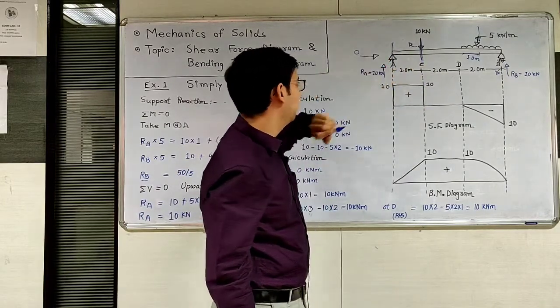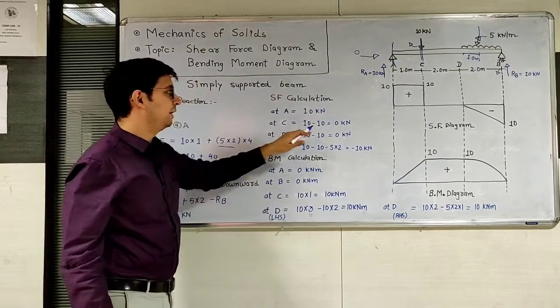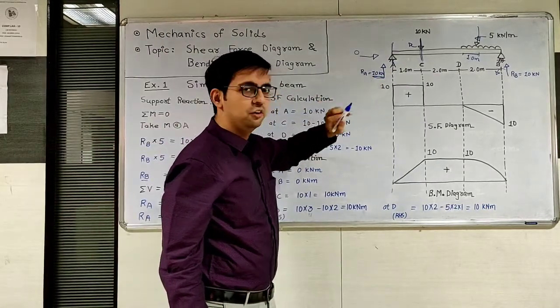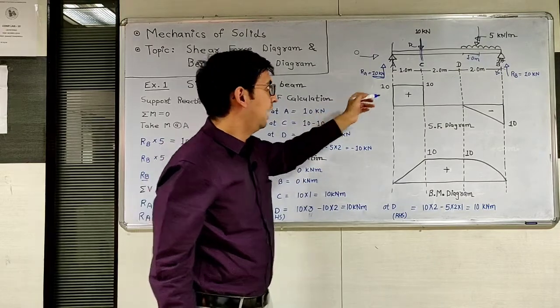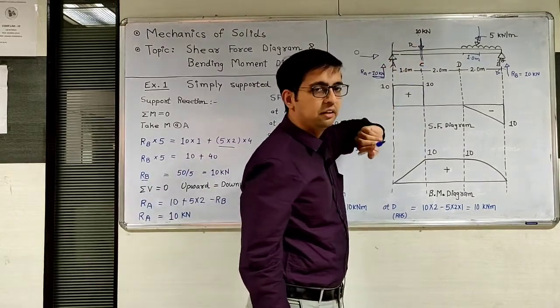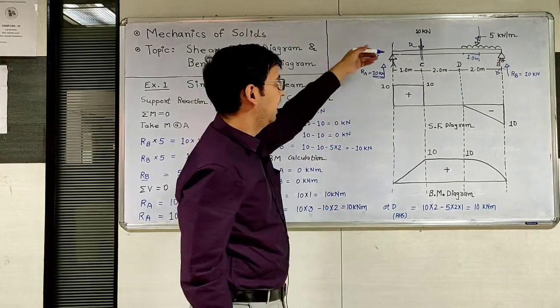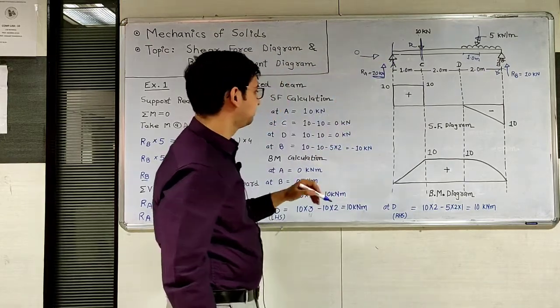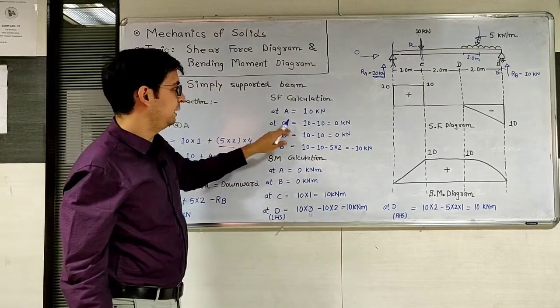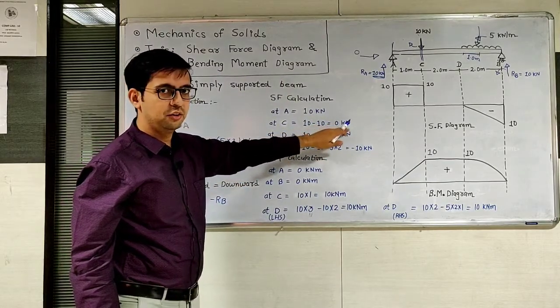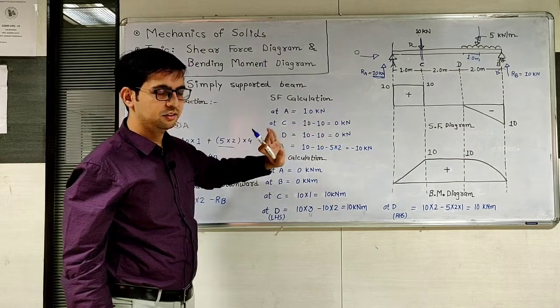Here you will see, first there is a 10 kilonewton upward force and a 10 kilonewton downward force. Upward is positive and downward is negative. So at C point, 10 minus 10, so we will get the value of shear force at C as 0.